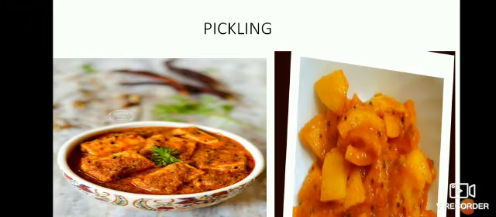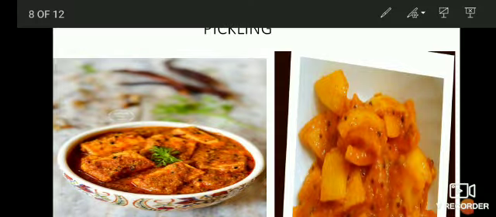Next method is pickling. Again, your mother does this in your homes. You may be seeing mango pickle, lemon pickle, tamarind pickle, gongura pickle, chilies, like that. Many other pickles. It is also a preservative method.